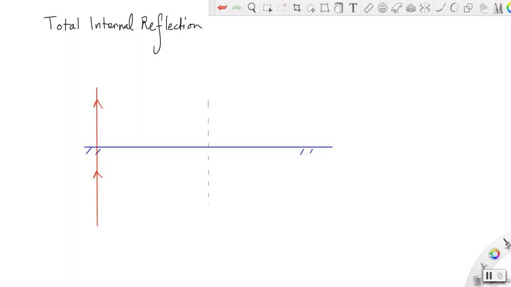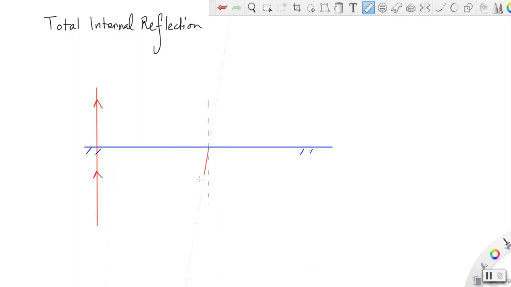When we put our next ray in, we can keep with the red ray, but this time let's go at an angle of, let's say, 10 degrees, and then let's calculate what the angle should be out of the water. 80. There we go.